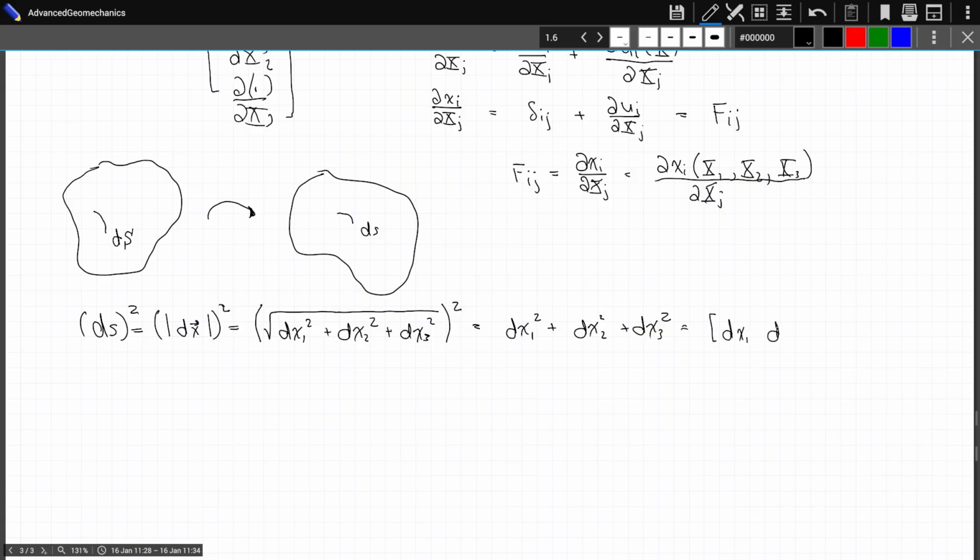Another way to write that would be to write it in vector notation. Remember I said by default, whenever I write a vector, it's a column vector. So that means this is dx transpose times dx.